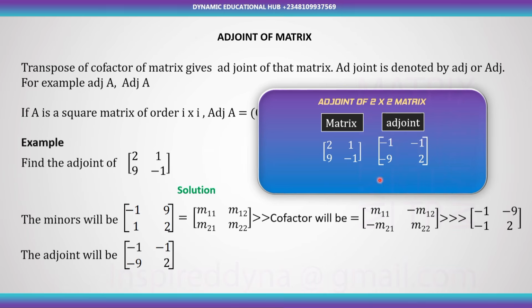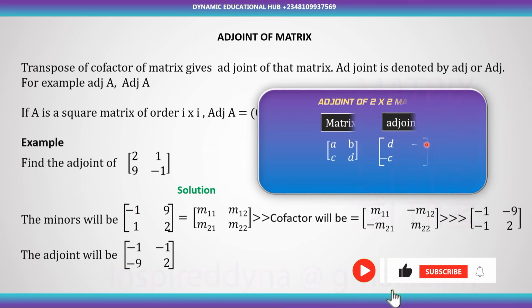After that, the other diagonal, you put a negative sign to it. Which means if you have A, B, C, D as a matrix, you want to find the adjoint. Just swap the left diagonal like this. After that, the other diagonal, you put negative, negative. You change the sign. So that is what we have here. That is how to find the adjoint of a 2 by 2 matrix.